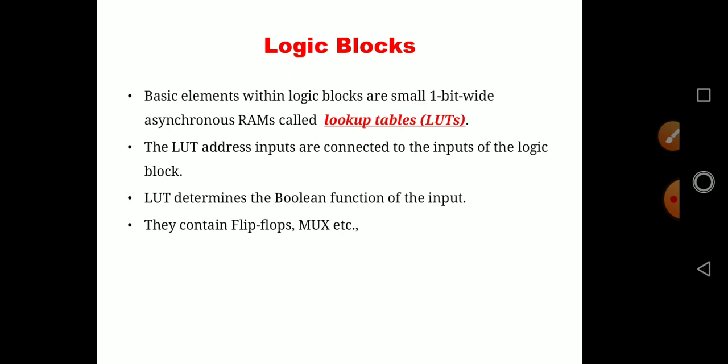The LUT determines the Boolean function of the input, or you can say you can program that logic block to form a Boolean function by using these lookup tables. These logic blocks also contain flip-flops, multiplexers, registers, and some combinational and sequential basic elements or gates.